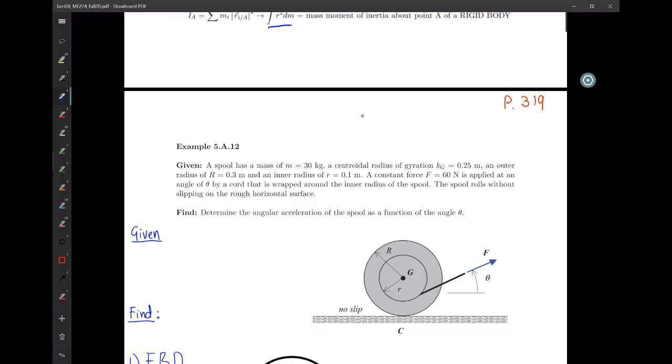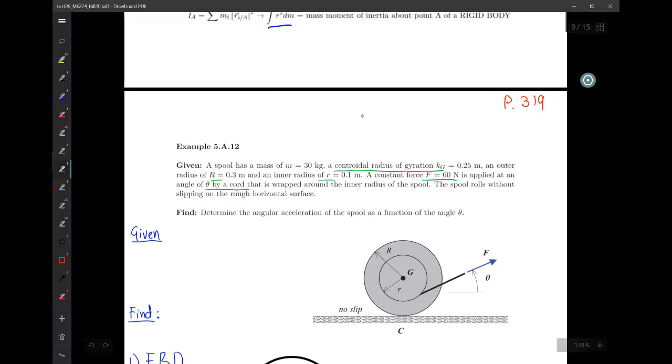Okay, so we have a spool that has some mass, and this is the language that we're going to give it: a centroidal radius of gyration about point G, of some magnitude. And then it has two radii, big R and small r. And it's being pulled by a constant force that is applied at an angle by a cord.